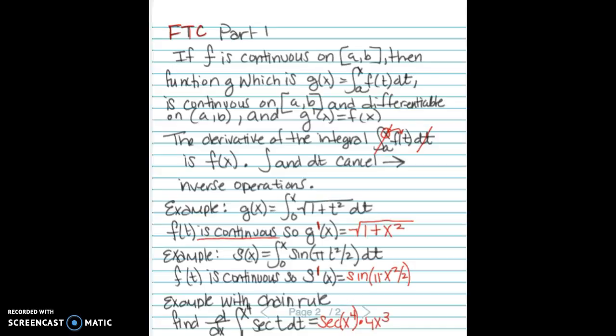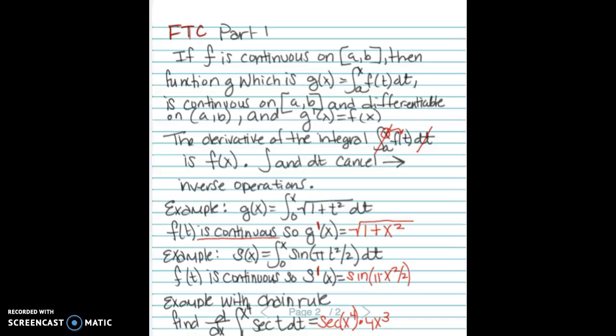So my derivative of the integral from 1 to x to the fourth of secant t dt equals secant of x to the fourth times 4x cubed.